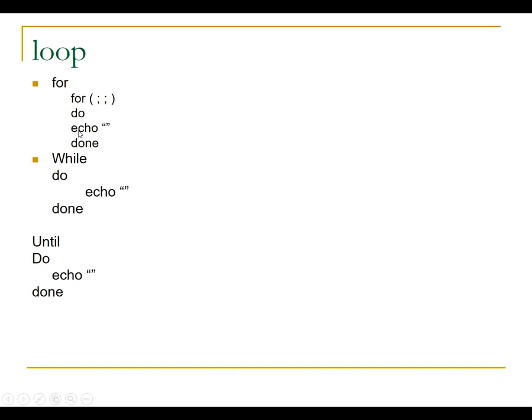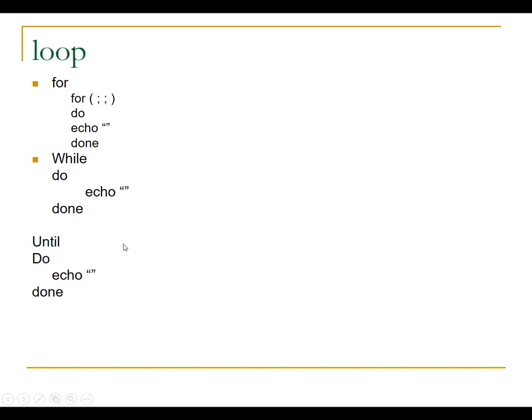In between this we have to use an echo statement. The syntax of while loop is while, do, then the echo statement, then done. For until loop, until, do, echo statement and done.